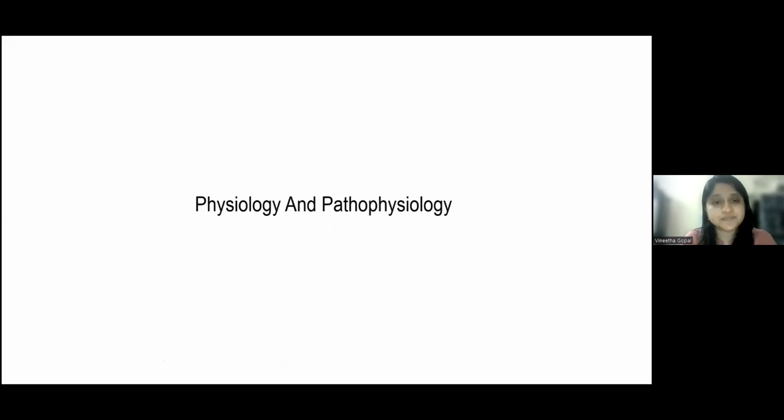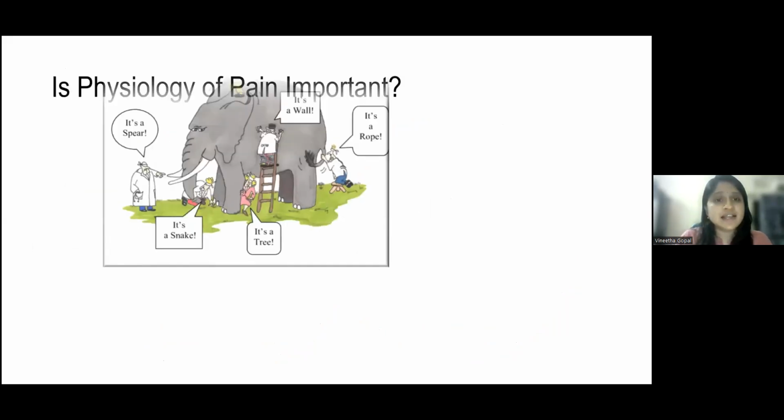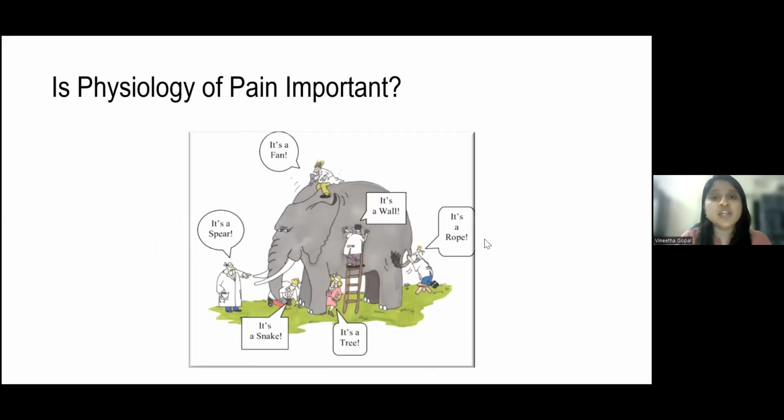Now I come to the next portion, which is physiology and pathophysiology of pain. This is very complex and boring also, I know that. But I always tell when I take this class that unless we know the physiology and pathophysiology, treating pain will be like this.